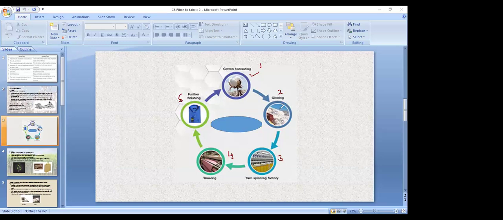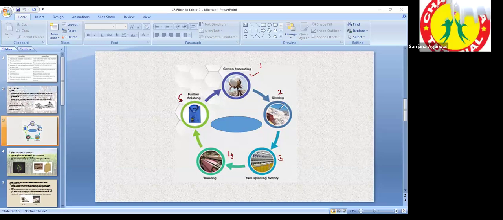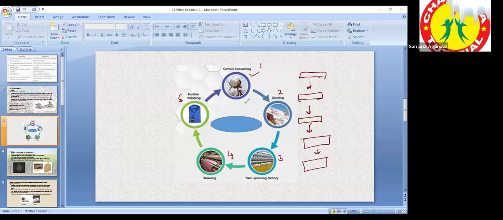Ma'am, we need to draw the picture too. No, not picture, only just 5 steps. If you do not write also, that's fine.